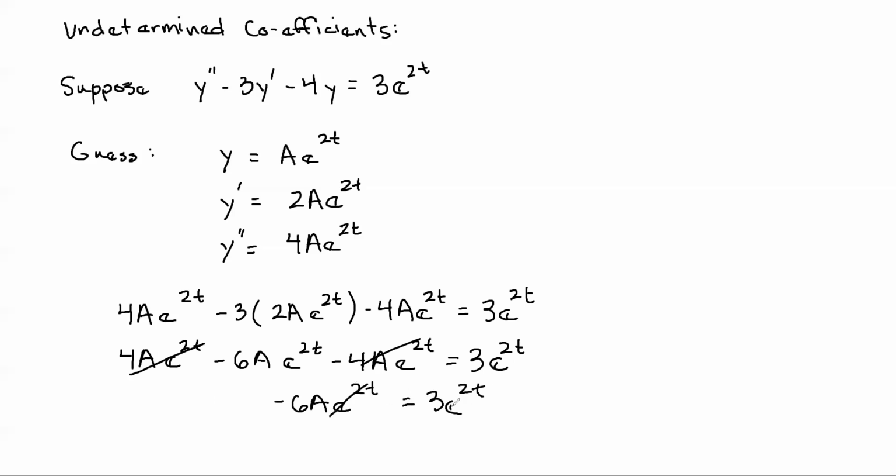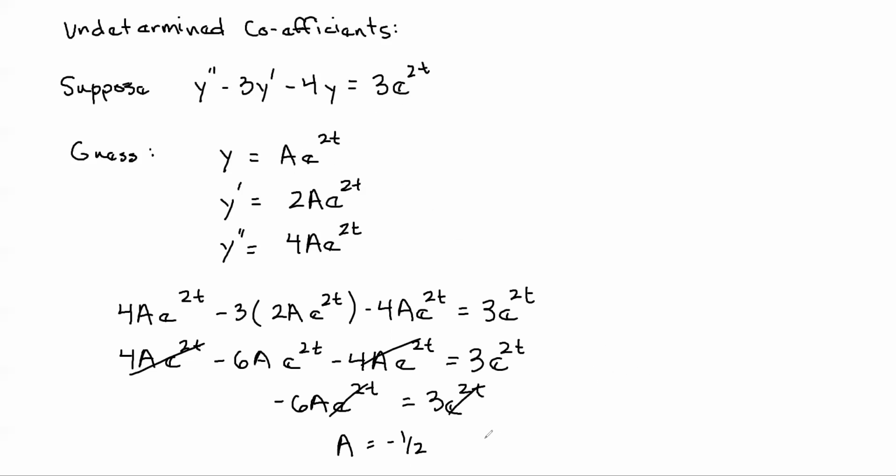We could divide both sides by e to the 2t and cancel those. And then if you divide, you're going to get a equals negative 1/2. Okay. So if we go through and do these substitutions into our non-homogeneous equation, then what we end up getting is that a would have to equal negative 1/2 for those substitutions to work, to get us a solution, right?